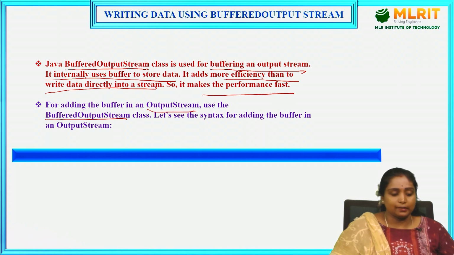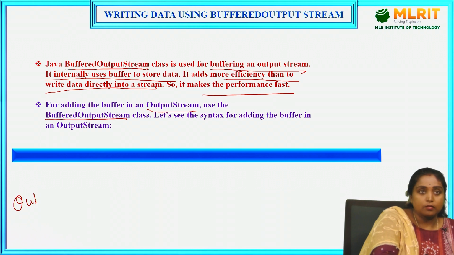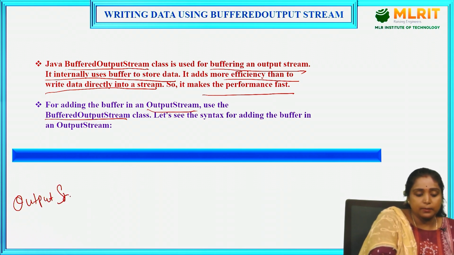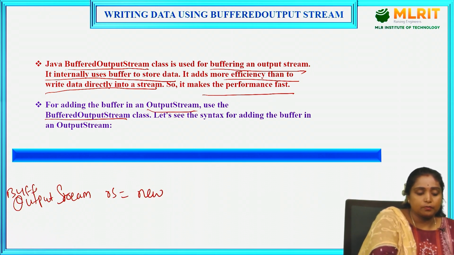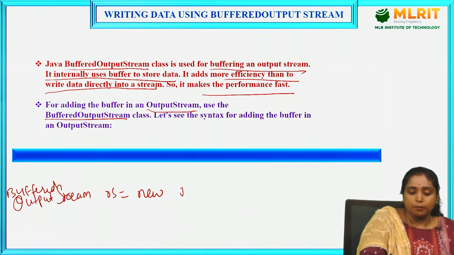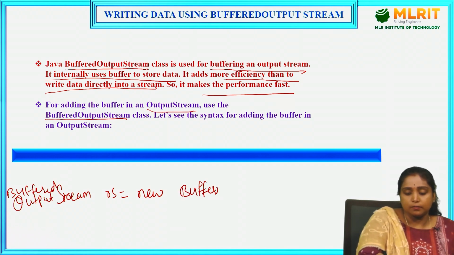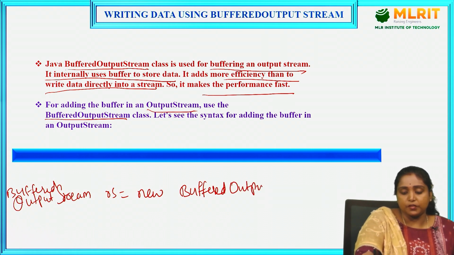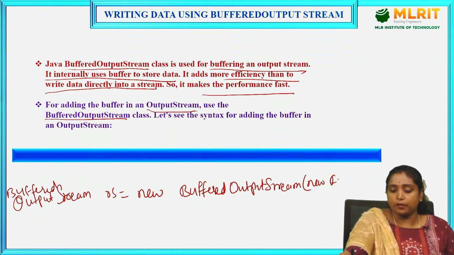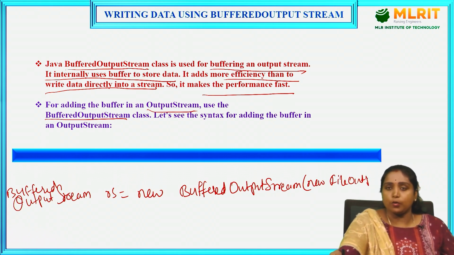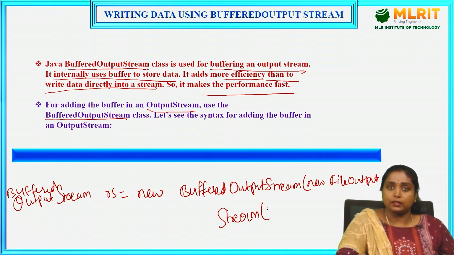So this is the syntax: OutputStream os equals new BufferedOutputStream, new FileOutputStream, followed by a path.